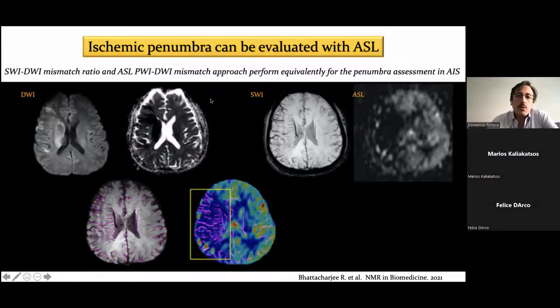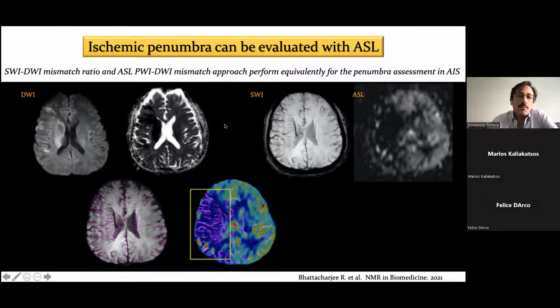But at the same time, you can also evaluate the perfusion abnormalities and the region with abnormal transit time on ASL, which usually shows an area of hyperperfusion. And here you can see the arterial transit artifacts at the periphery of the ischemic lesion.